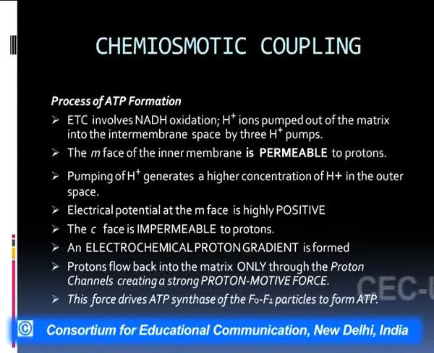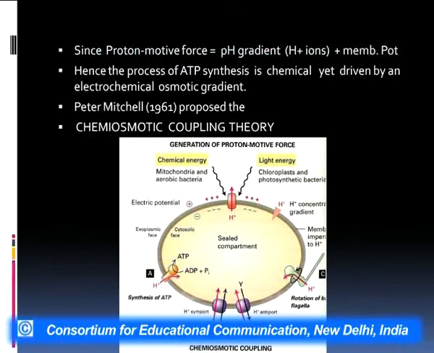So, they will like to go only from a place where they are allowed, and that means the generation of an electrochemical proton gradient is formed only through the proton channels which are present on the F0 particles, and this generates a proton motive force. And when this generates a proton motive force, then ultimately when the protons reach the F1 particles, they activate the enzyme complex ATP synthase to generate ATP.